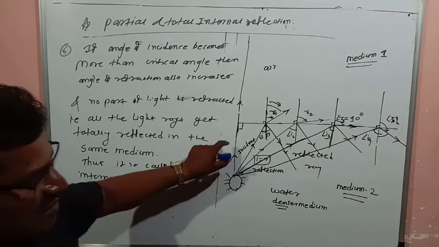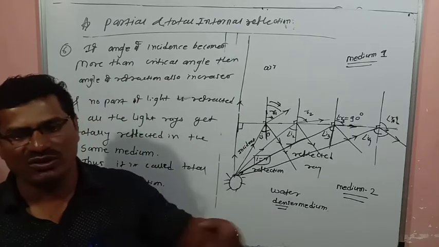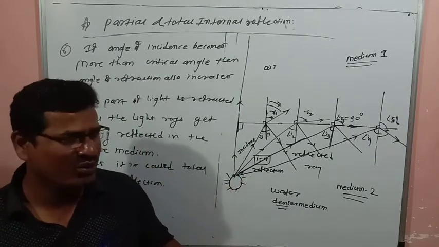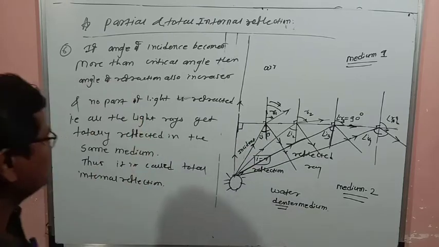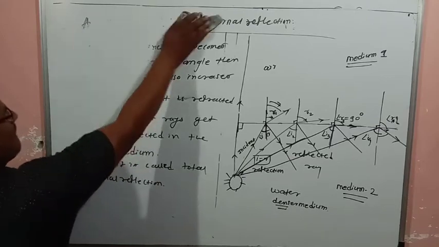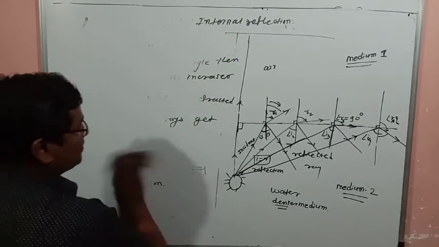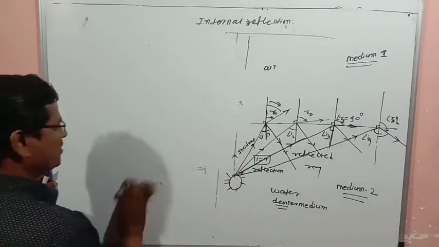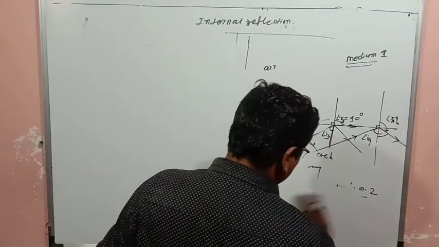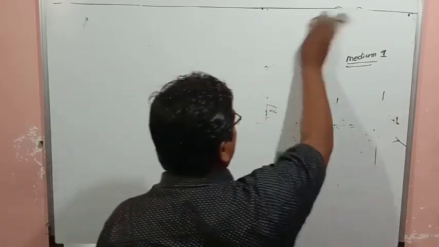So if you understand this diagram explanation, you can understand in a better way. In the next video, which will be a short video, we'll take this only. The next point is dispersion in the rainbow, the effect of the rainbow we are going to see.